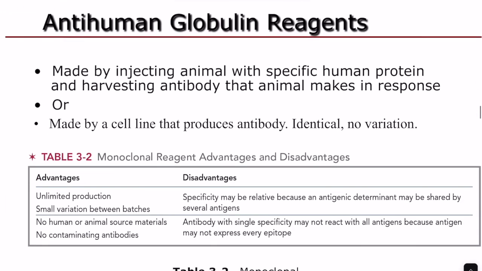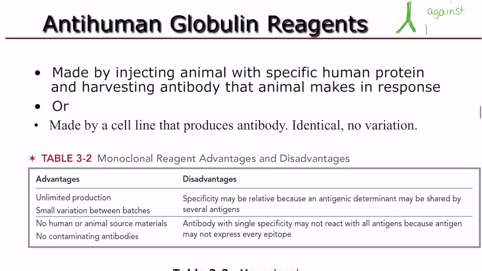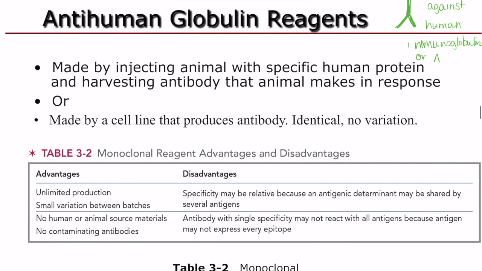Okay. So, anti-human globulin reagents. Remember, this is the green antibody here. And this is a special antibody that is against human immunoglobulins, or human antibodies.